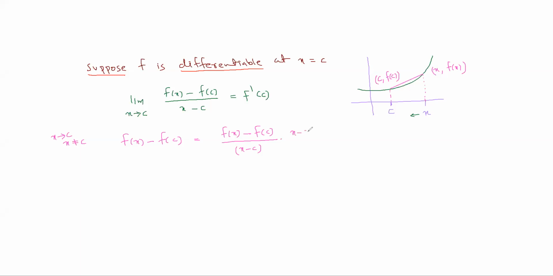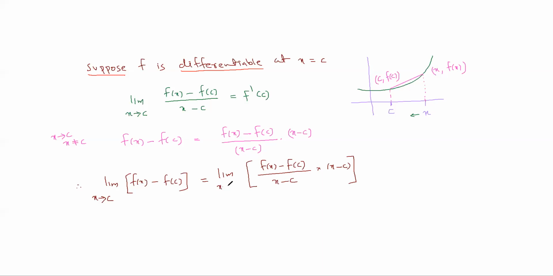I multiplied and divided by a non-zero number, so no difference, it will cancel. So therefore, take the limit on both sides: limit of f of x minus f of c as x approaches c should be the same as the limit of that complete thing, f of x minus f of c divided by x minus c, into x minus c, as x approaches c. So we took the limit on both sides.